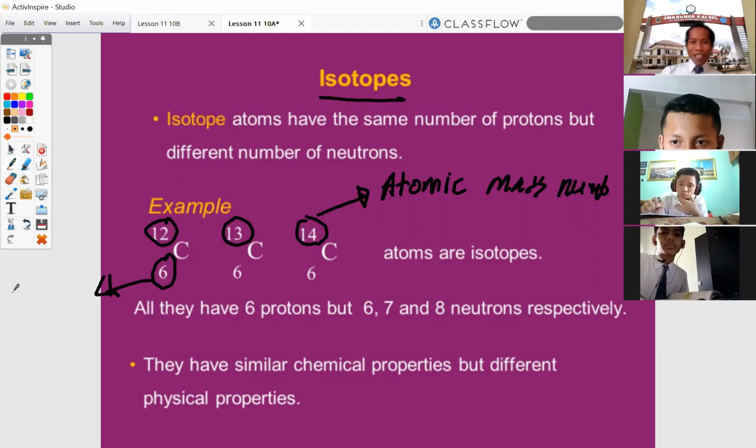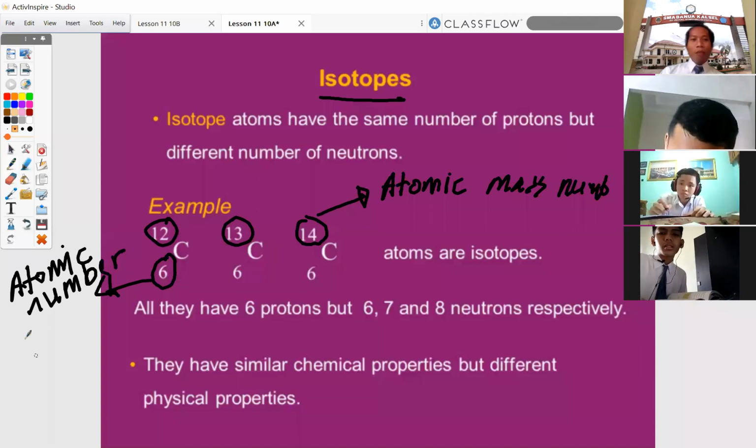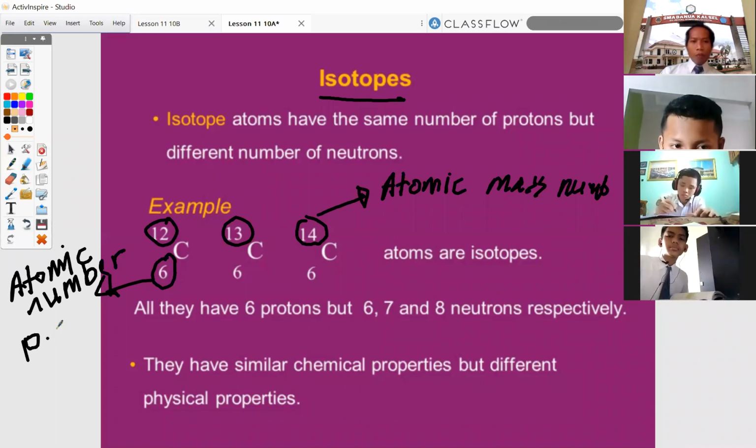What number is this? This is called atomic number, or the other name is proton number. Good. They are the same. Atomic number or proton number.